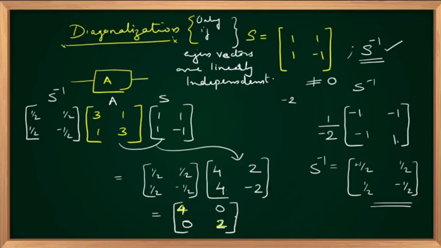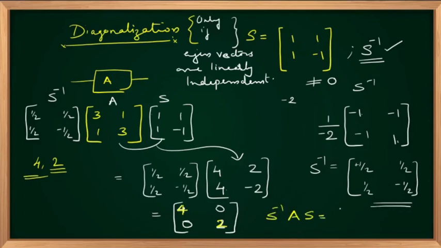It's a diagonal matrix, and what are the diagonal elements? Diagonal elements are the eigenvalues of this matrix. Correct? Shahin, you are correct. Diagonal elements are the eigenvalues of this matrix. So this gives an important relation: S inverse times A times S will give you a new matrix.